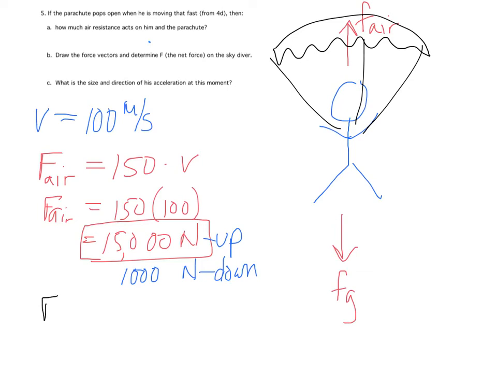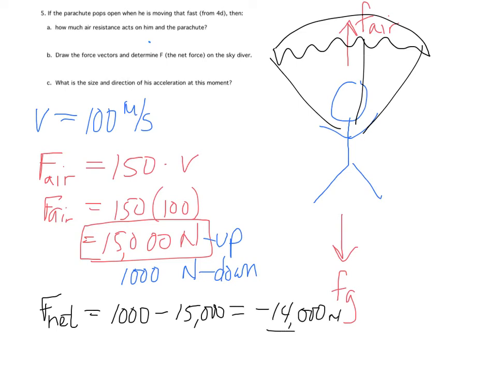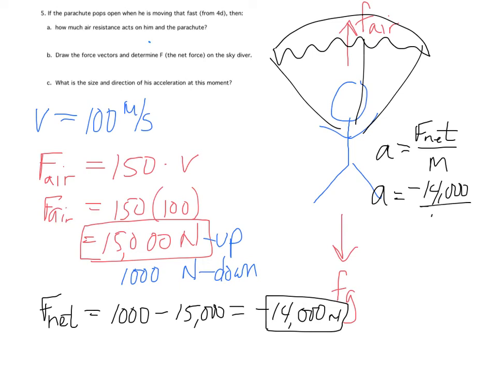So F net is going to be 1,000 minus 15,000. So I get a negative 14,000 newtons is my net force. And then I can go ahead and find my acceleration by taking net force over mass. So when I do that, I get a negative 14,000 over 100 kilograms, which he still is.